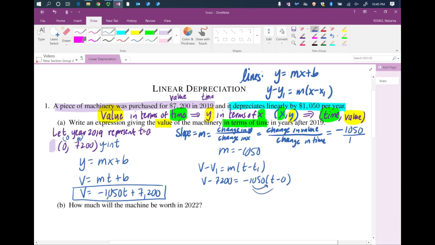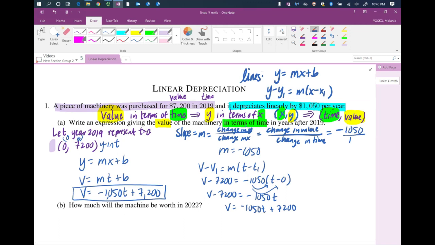And then we distribute here. So v minus 7,200 equals negative 1,050t, because 1,050 times 0 is 0. And then you add your 7,200 to both sides. You see we end up with the same thing? Okay, perfect.